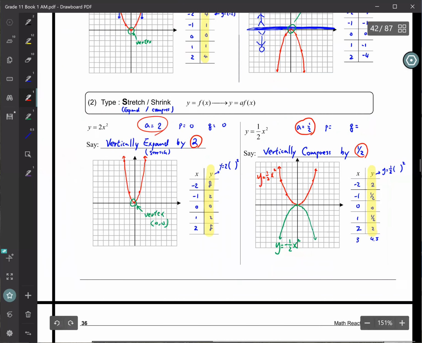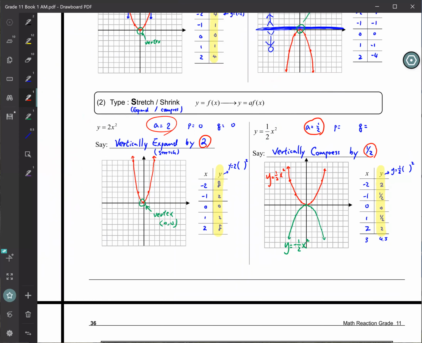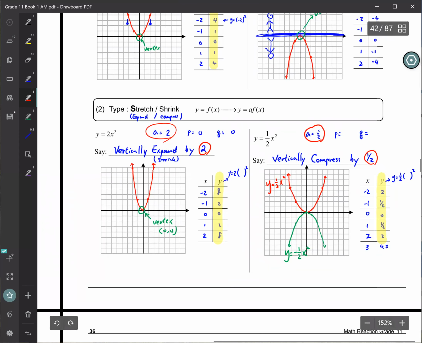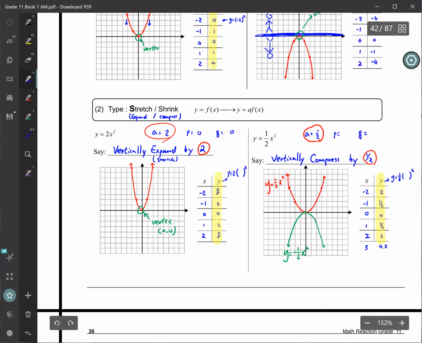All right, so let's make a conclusion of everything we've done so far into 2 sentences, okay? So first one is the A. So underneath, you can write conclusion. First conclusion is if A is positive, opens up.